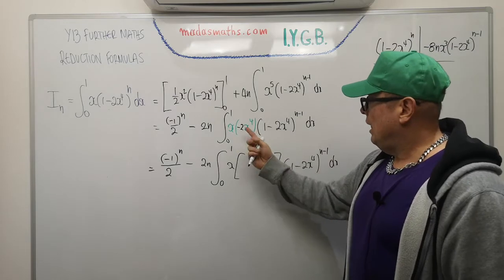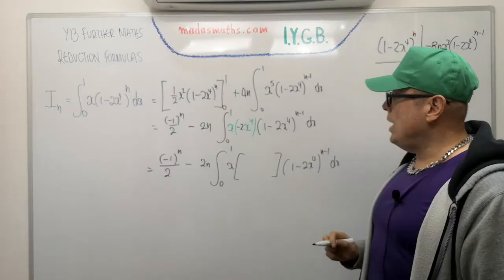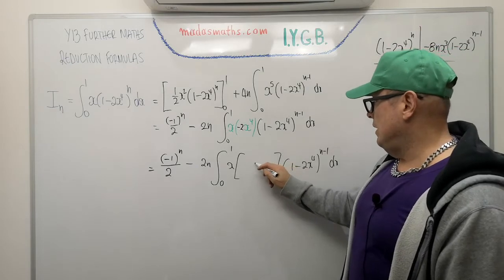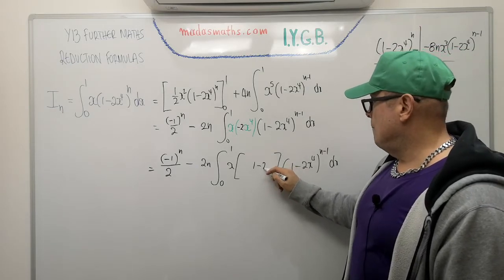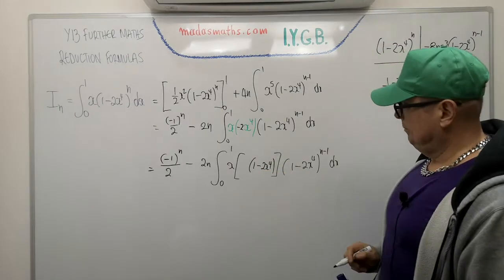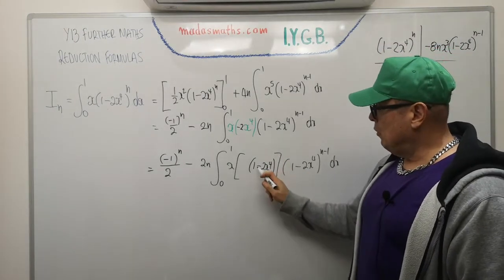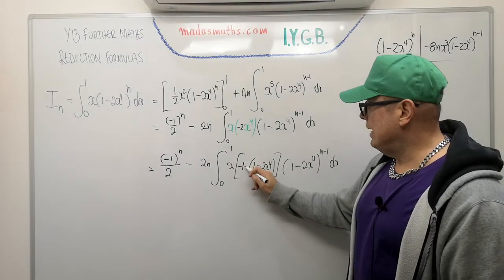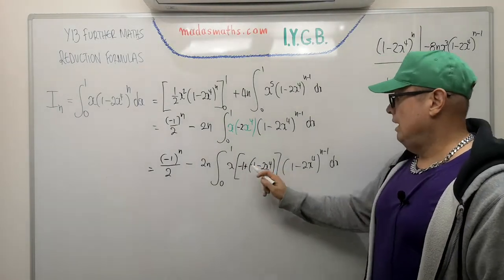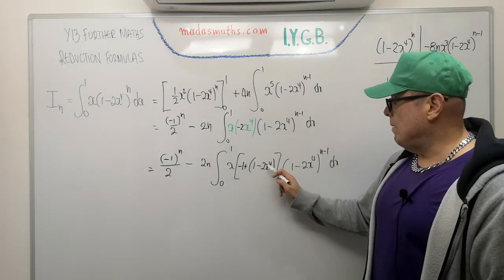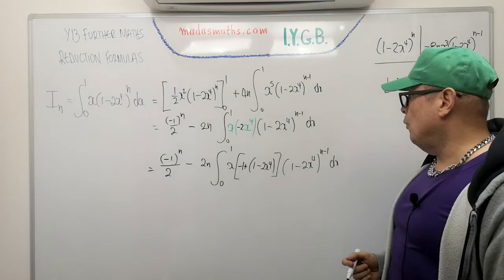And this must be worth -2x to the 4, but somehow it needs that bracket created. Very, very easily, I can put 1 minus 2x to the power of 4, like this. But of course, because I added the 1, I need a -1 to balance it. So if we check, -1 plus 1 of course cancels, and then it's still worth -2x to the 4, which is what I had there originally.